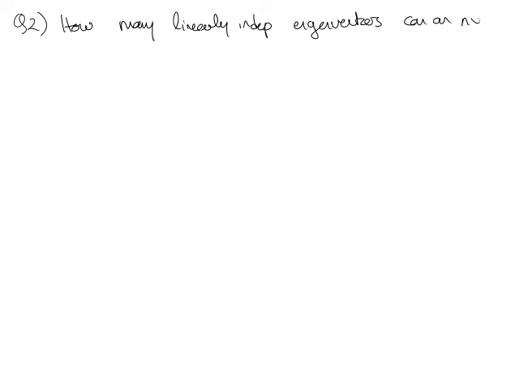And now the last question I want to look at is how many eigenvectors are there? Okay, there are infinitely many eigenvectors, right? Once you have one, all scalings of it are eigenvectors. So the real question is how many linearly independent eigenvectors can an n by n matrix have?